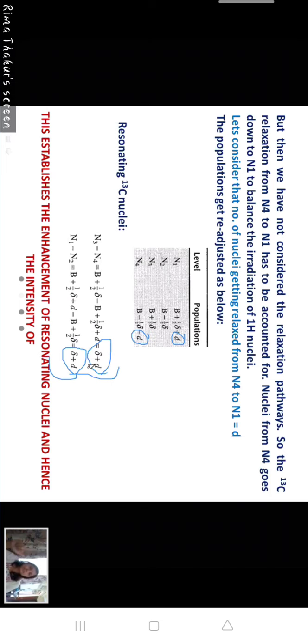The number of resonating nuclei is actually controlling the intensity. So this D factor results in the enhancement.